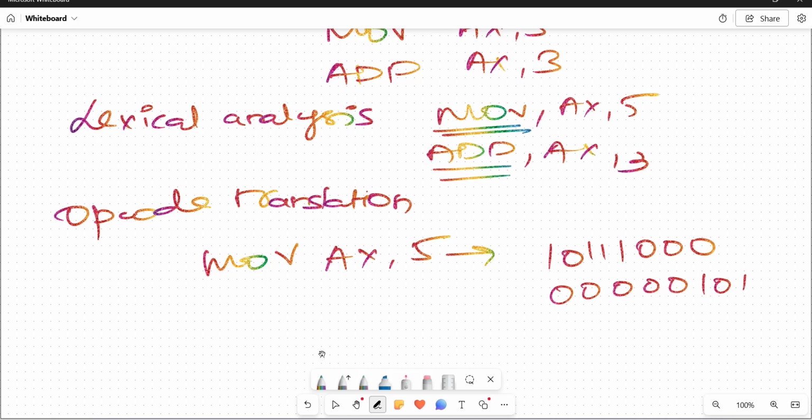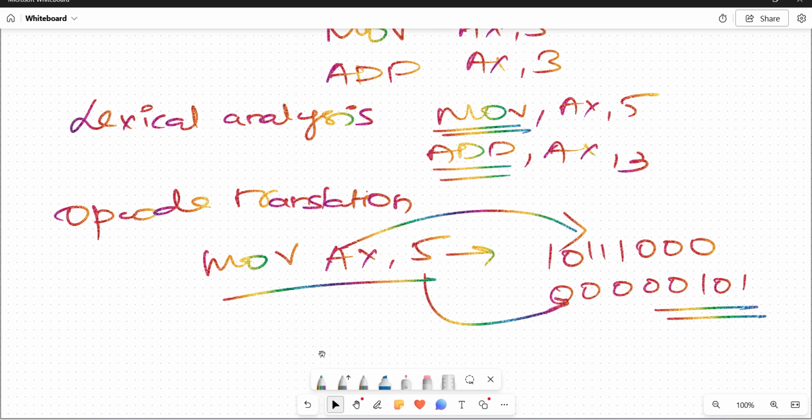I think I'm right, I guess. So each value has something, and this one is 5, represented as the binary version of 5, and this is the opcode for this one.